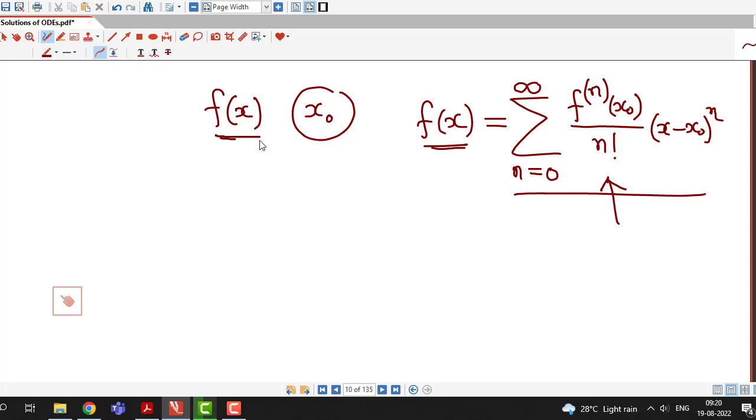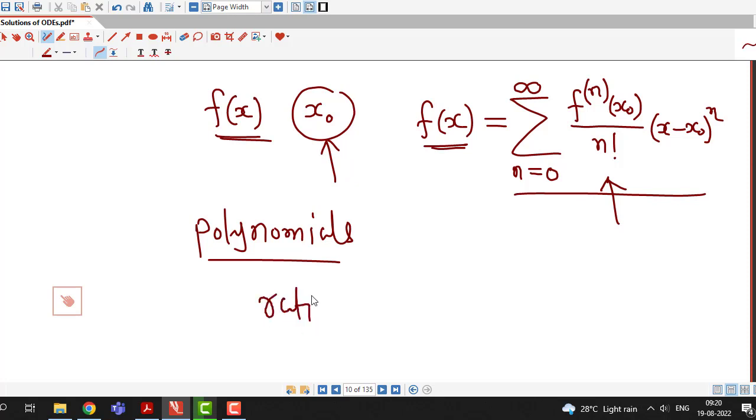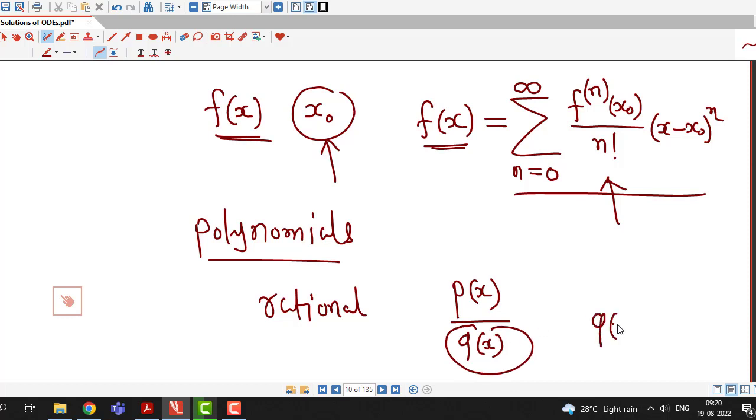Now the main functions which we will require in our topic are polynomials and rational functions. We can remember that polynomials are analytic at any point x0, and rational functions, that is, division of polynomials, say p(x) and q(x), are analytic at those points for which the denominator polynomial is non-zero.